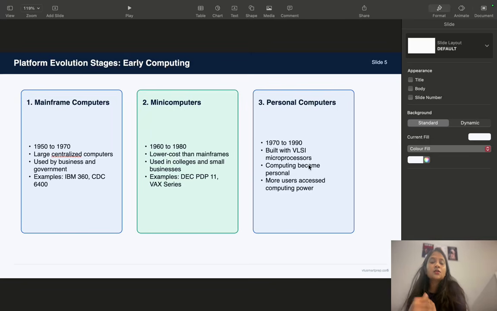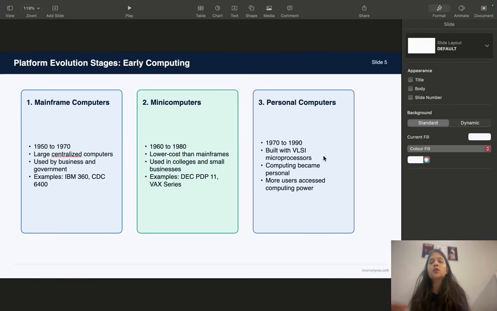organizations. This made a huge impact on people, not only for organizations or the government or colleges, or only for small businesses. It became popular because it was helpful for individual users.